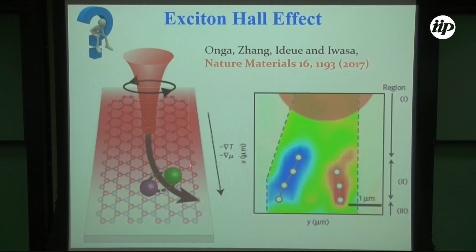But what is exactly the spin component? Is it a neutral exciton, charged exciton, trions? If it's a charged exciton, it will maybe have a different dynamics, and there is a spin-orbit coupling field inside the system. So if you're interested, just look at the conclusion, and you will see it's very open.